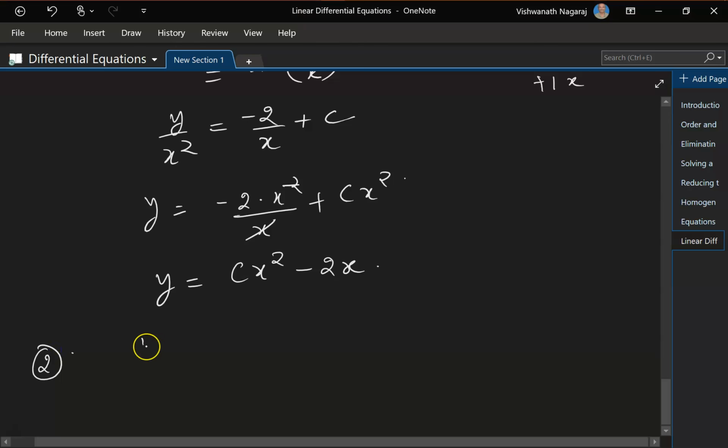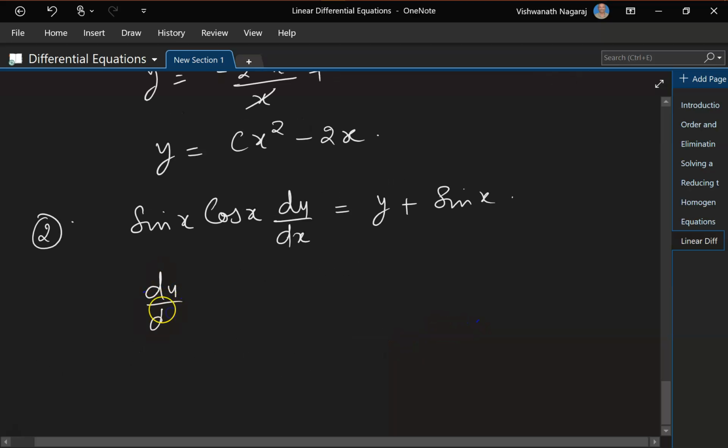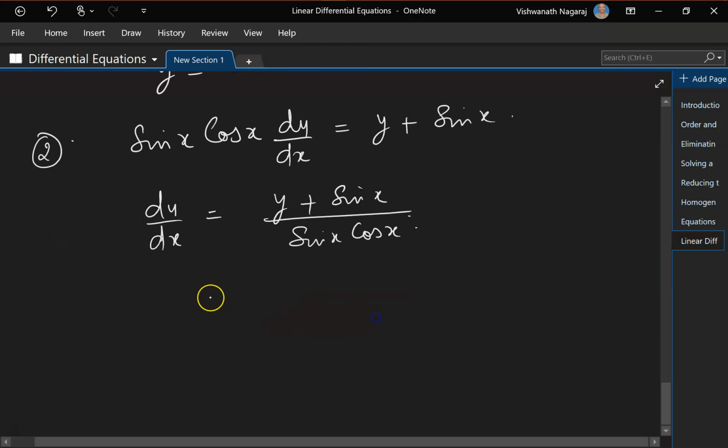Okay, let's say sin x cos x dy by dx is equal to y plus sin x. Now dy by dx, let's take y plus sin x by cos x to the other side. So this becomes sin x cos x. Let's split it.